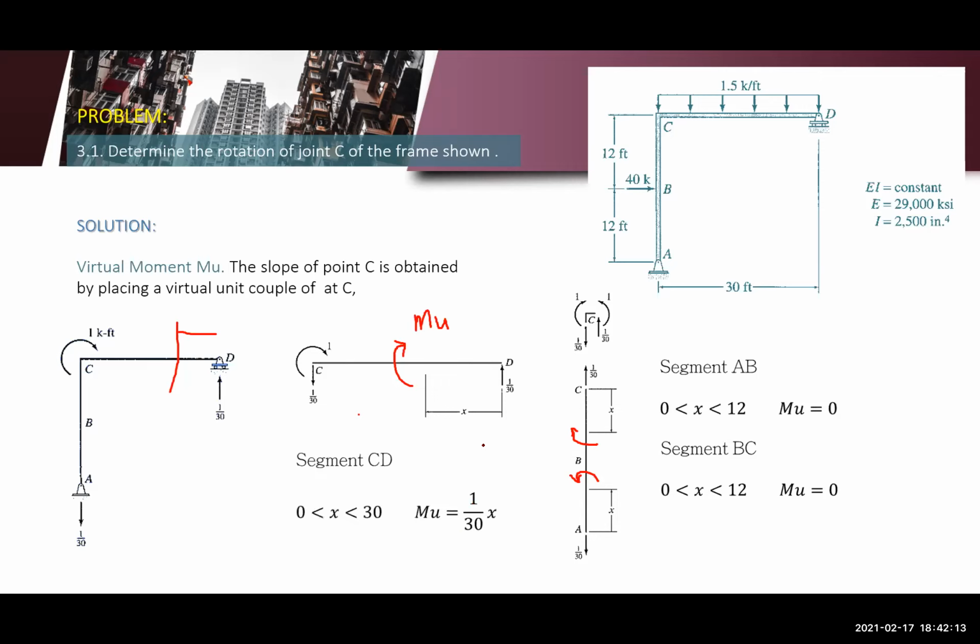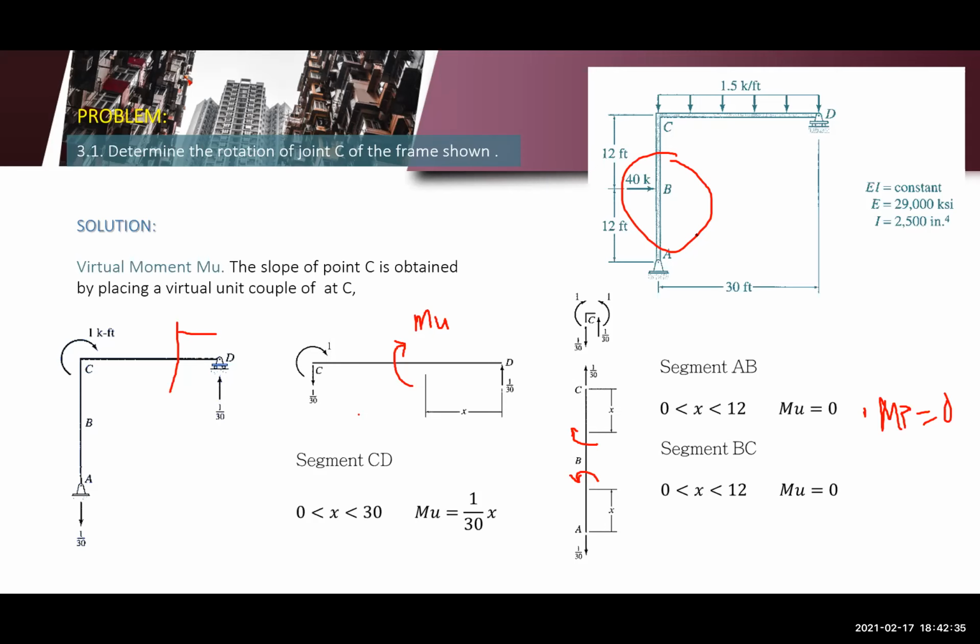Now, in this case, since 0 na yung MU ng segment AB and BC mo, kung i-multiply mo yun sa MP, of course, ang sagot niyan is 0, di ba? So, it's okay na wag nyo nang i-compute yung MP for segment AB and BC. Kasi kahit i-compute nyo yan, pag i-multiply nyo sa MU, 0 lang din naman.